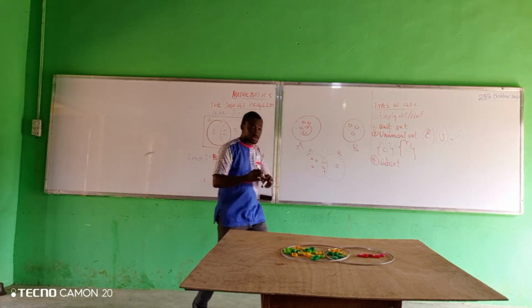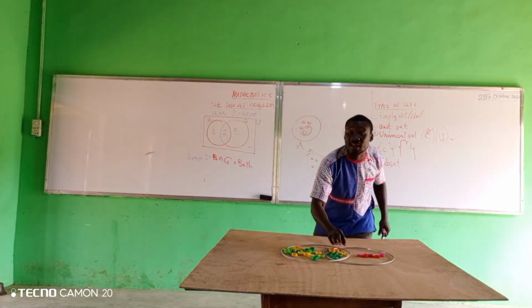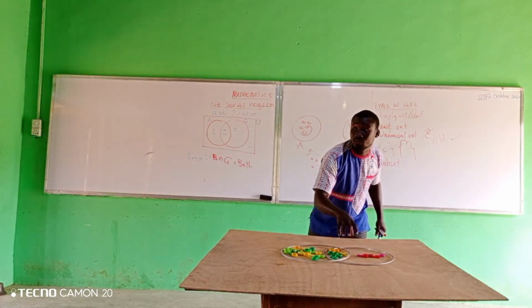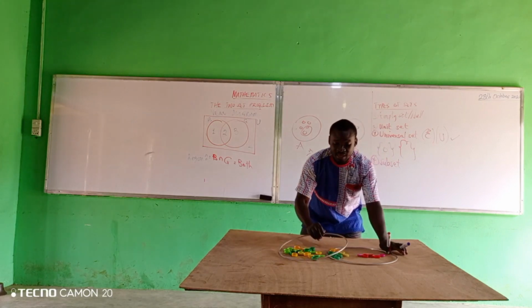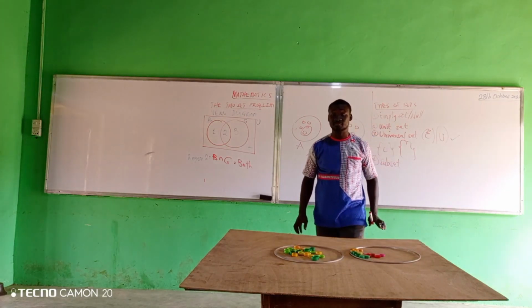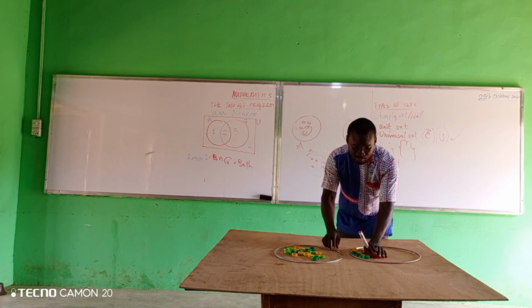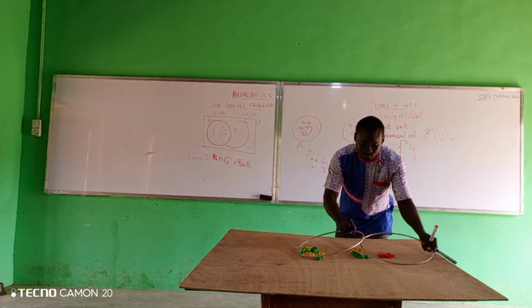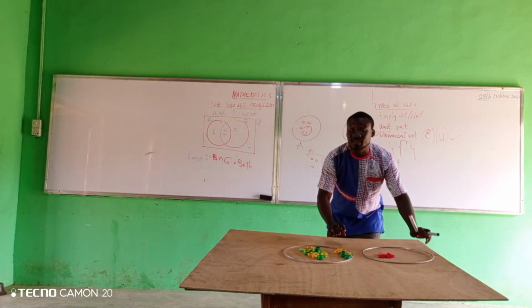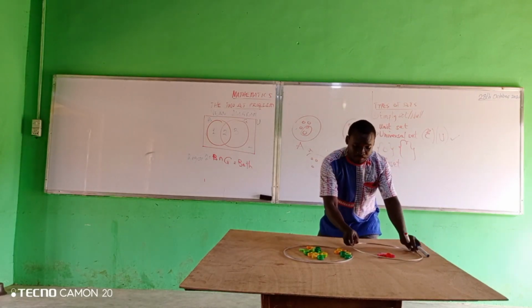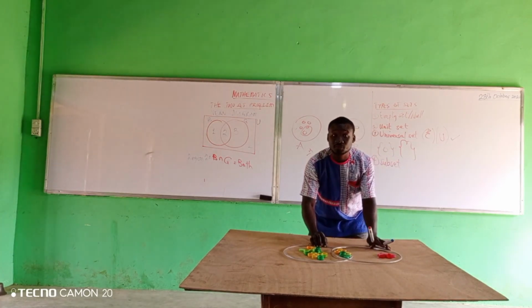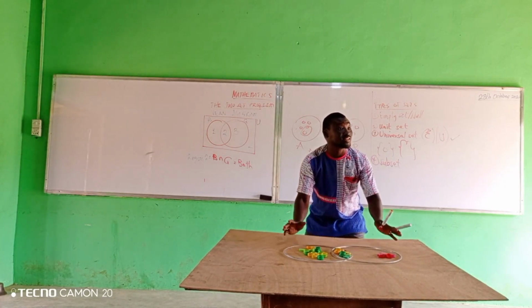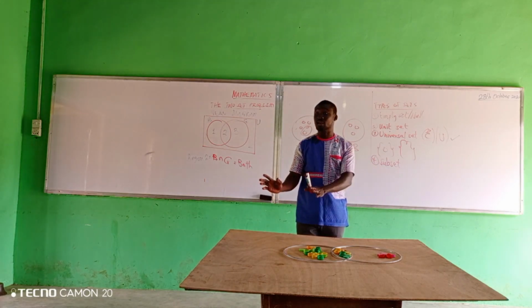That's why the green and the yellow bottle tops can be found here. Intersection, intersected. Is that okay?